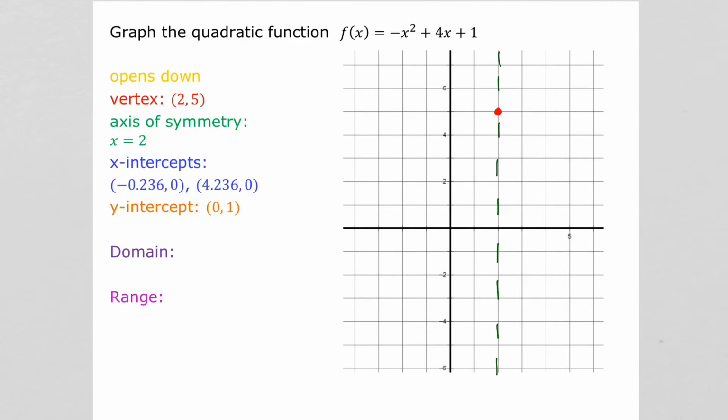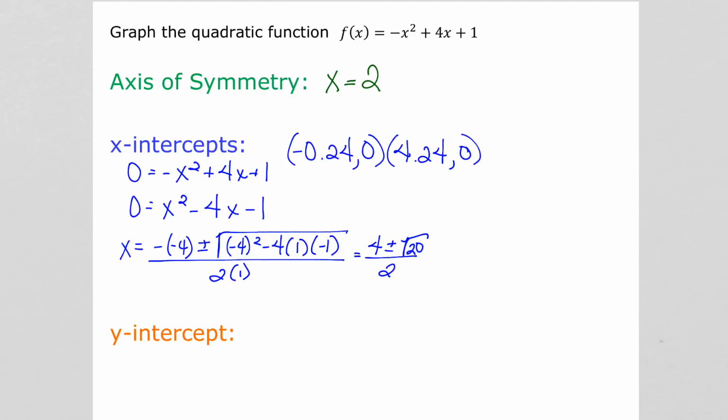So these aren't going to be perfect, obviously, but I'm going to graph them as close as I can. I think something's a little bit off. Yep, because that first one was supposed to be negative. So there we go. And then we want to find the y-intercept. Remember, to find a y-intercept, we let x be 0.